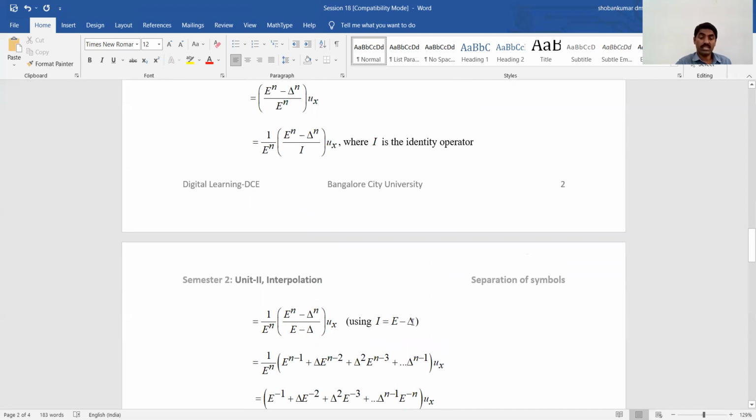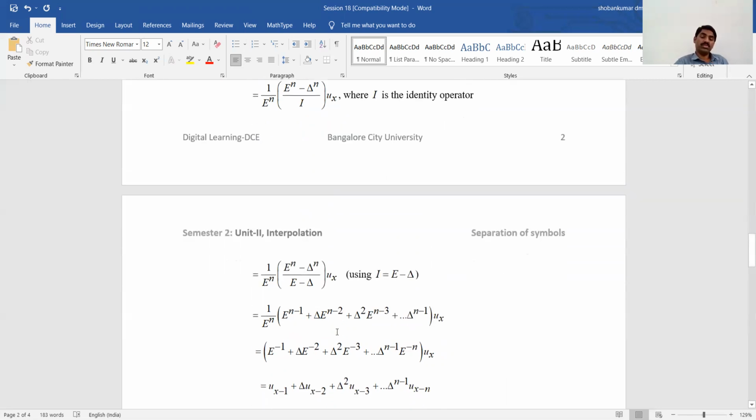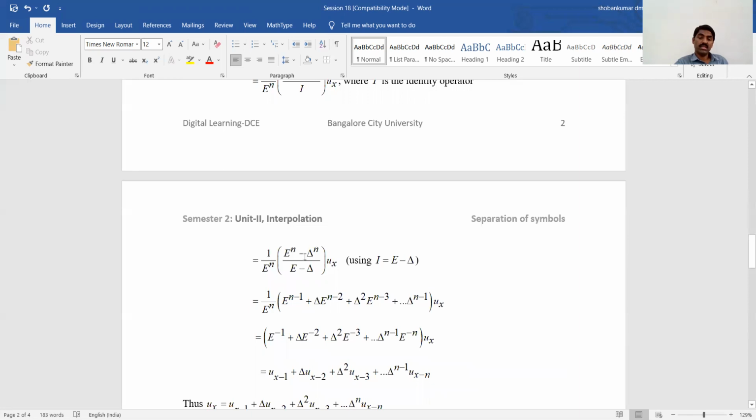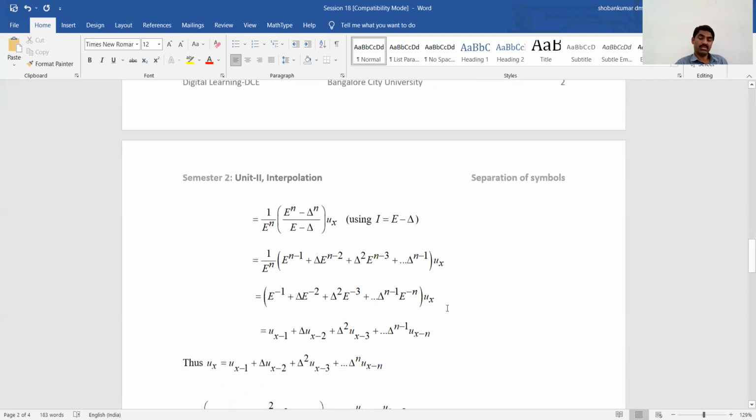I is equal to e minus delta, because 1 plus delta is equal to e implies 1 is equal to e minus delta. Therefore, instead of 1, we can write e minus delta operating on ux. Here 1 divided by e raised to n, and simplify it. After simplification, e raised to n minus 1 plus delta e raised to n minus 2 plus delta square e raised to n minus 3 plus and so on plus delta raised to n minus 1 into ux.